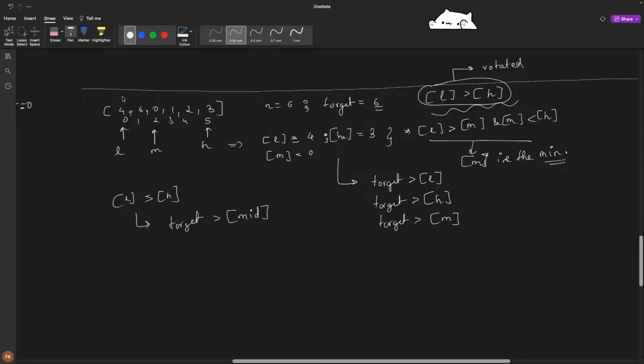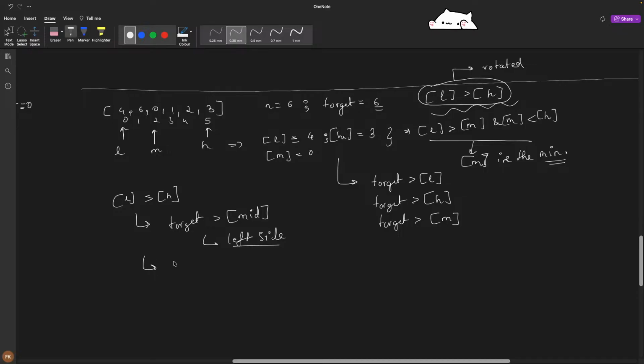L is greater than H means it is rotated and the target is greater than mid, then left half, as in.